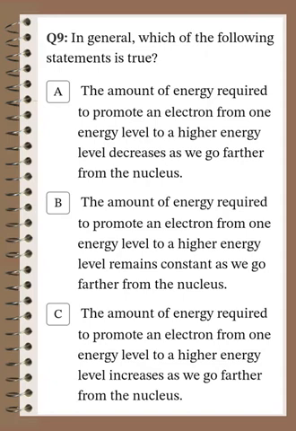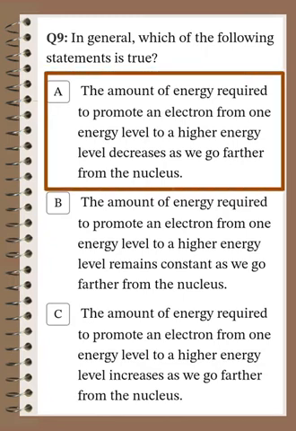The amount of energy required to promote an electron from one energy level to a higher energy level increases as we go farther from the nucleus. What do you think about A and C? I think number A will be the true answer. The amount of energy required to promote the electron from one energy level to a higher energy level decreases as we go farther from the nucleus. Why? As the nucleus decreases its attraction force on the electron and the distance will be away from the nucleus. Okay?